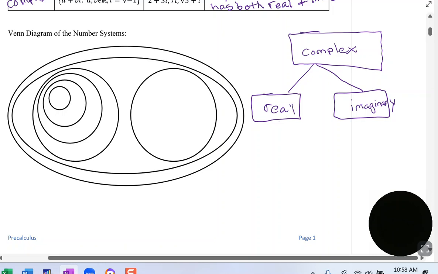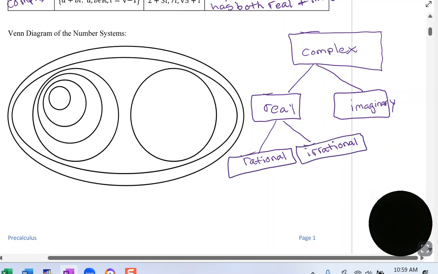And then real numbers, you have rational and you have irrational.